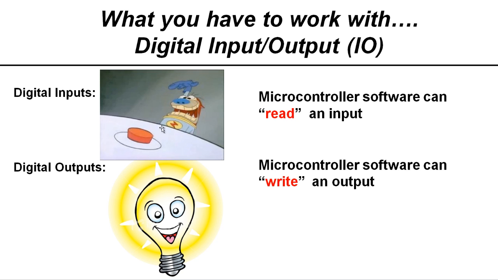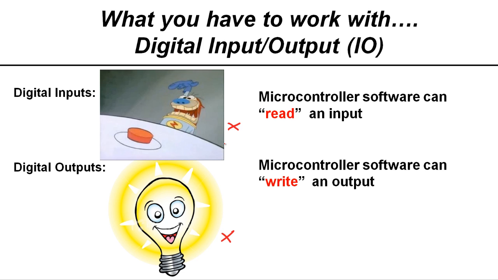So, digital inputs, all right, a big red happy button to destroy the world. That can be an input we want to read from the switch. Vice versa, if we want to control, maybe the digital output will control a light bulb, or it'll control the trigger to a nuclear weapon. I don't know, whatever you want it to be. So, two simple cases of input and output, and that's a very common place to start, our switches and LEDs.